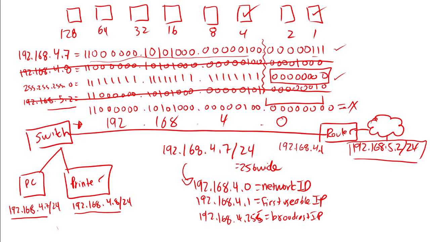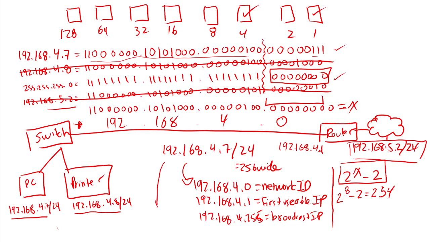So we have a formula that's 2^x minus 2, where x is the number of zeros. So 2 to the 8 in this case, minus 2 is 254, which is 2 times 2 times 2, etc., minus the 2 for the network ID and the broadcast, which we're not allowed to use.